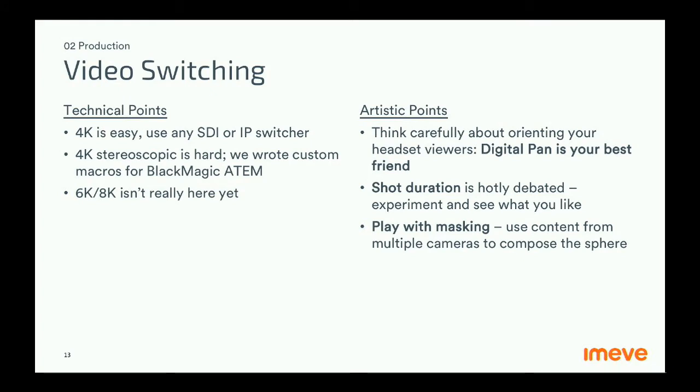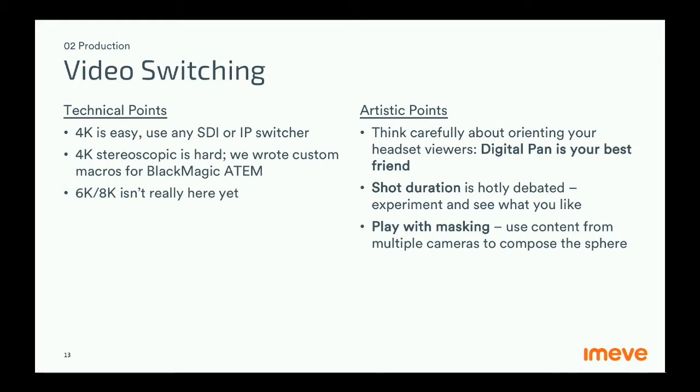But if you want to do dual 4K, 4K stereoscopic, that's considerably harder. I know of one workflow that works using the Blackmagic ATEM ME2, where you slave the effects bus to the main output. It's a little kludgy, but it works. There may be others, but I'm not aware of them. That's the only one I know of.